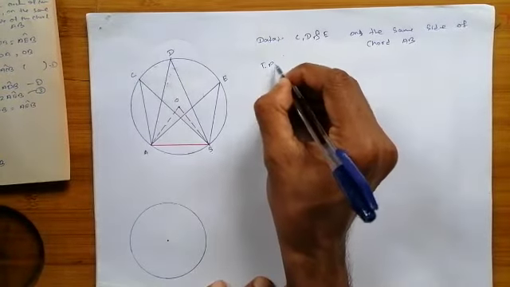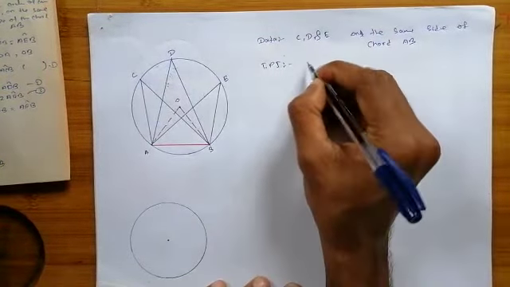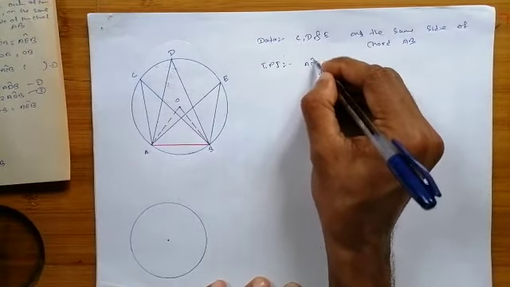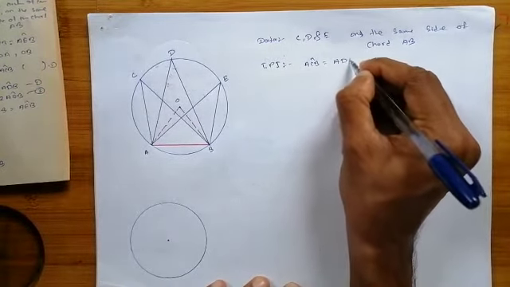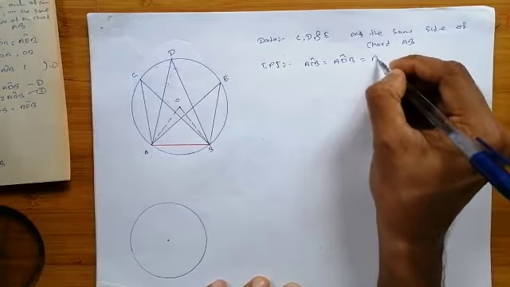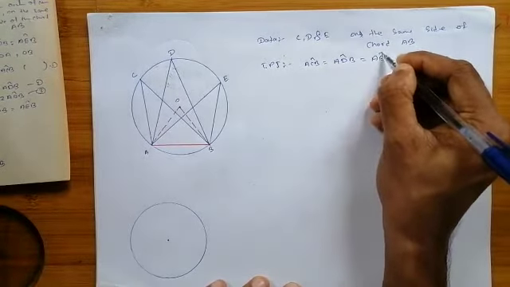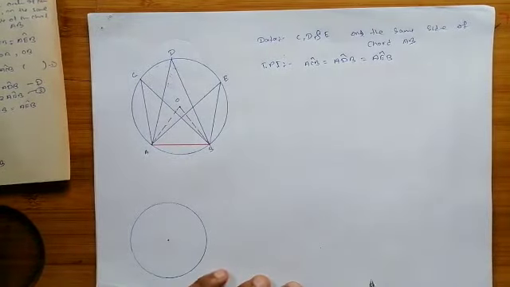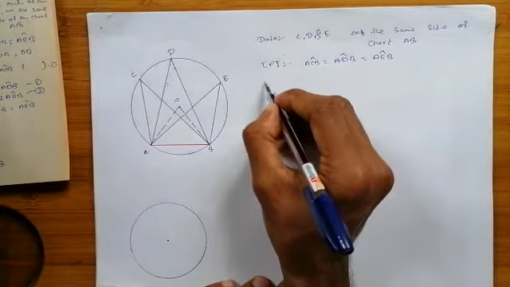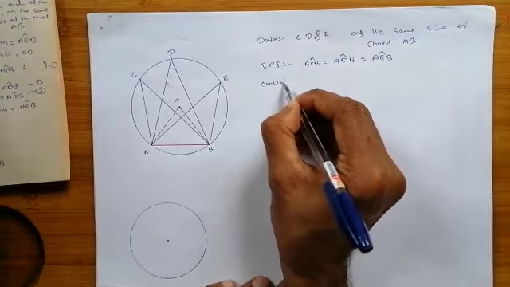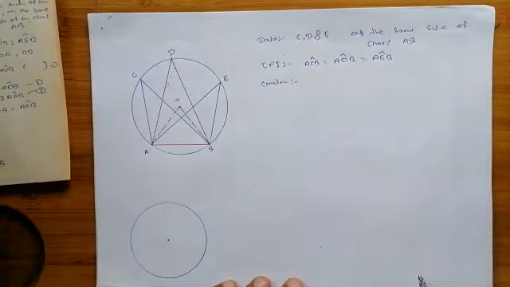To be proved that angle ACB equals angle ADB equals angle AEB. Those angles are equal. You need to prove those angles are equal. Before going to the proof, we need a construction.